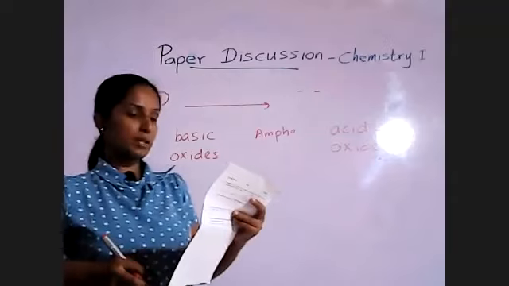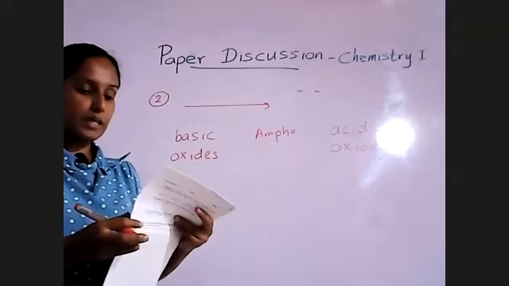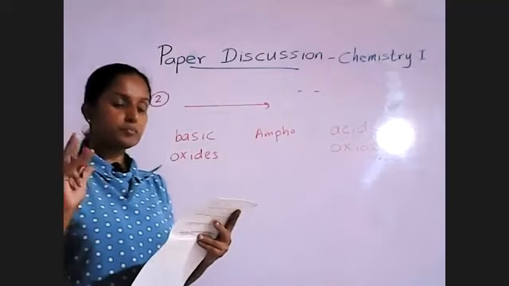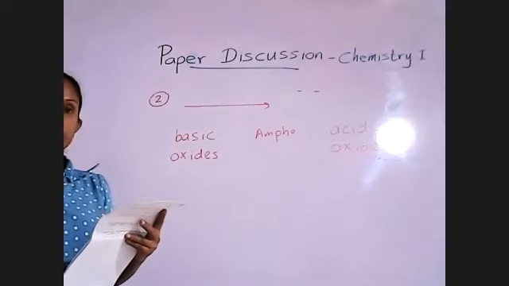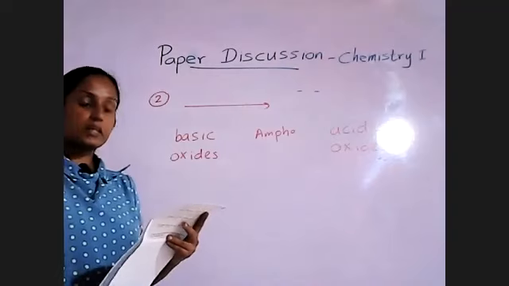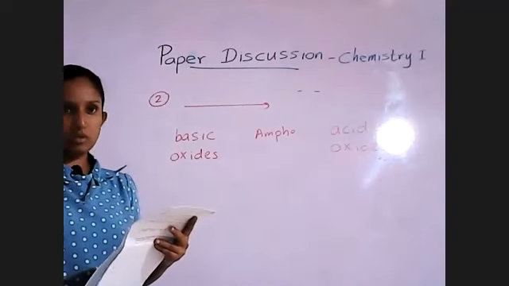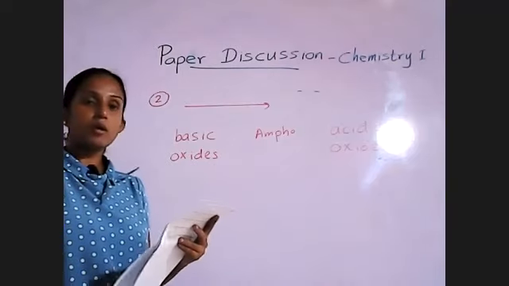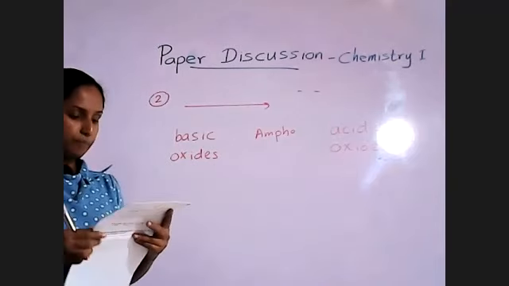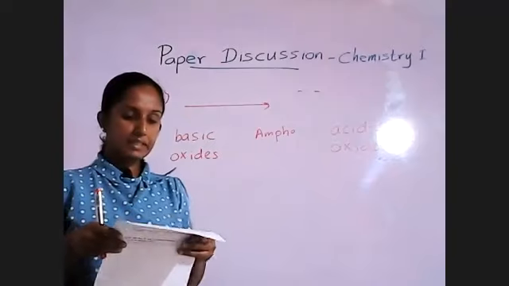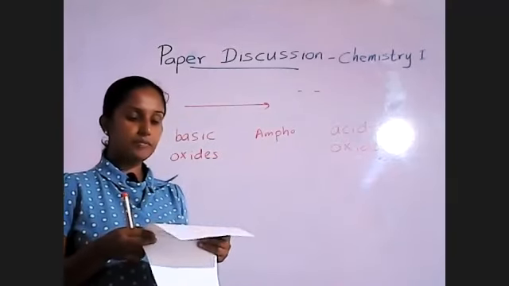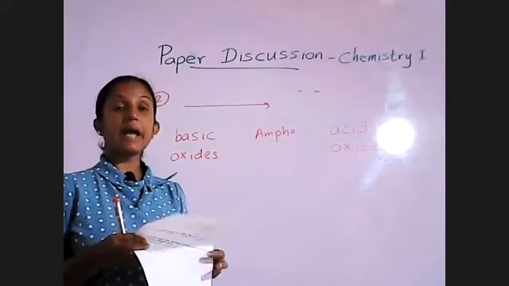Then what is the answer? The third one, aluminium oxide. Sodium oxide is basic, P2O5 is acidic, and Cl2O7 is also acidic. So the amphoteric oxide is aluminium oxide. Look at the fourth one: the catalyst which is used in the manufacture of sulfuric acid by the contact method.